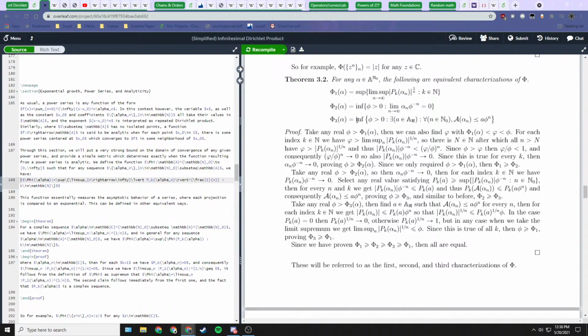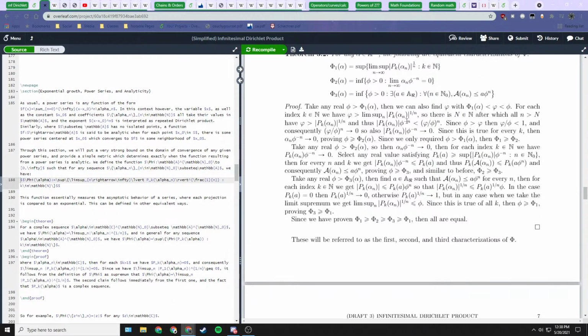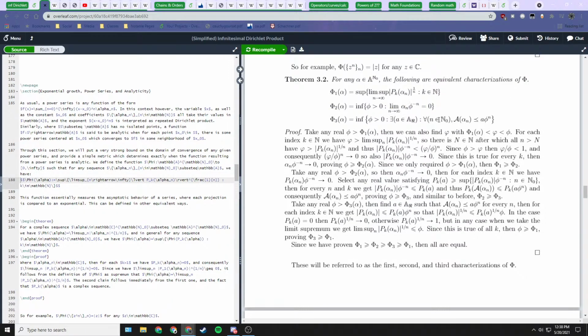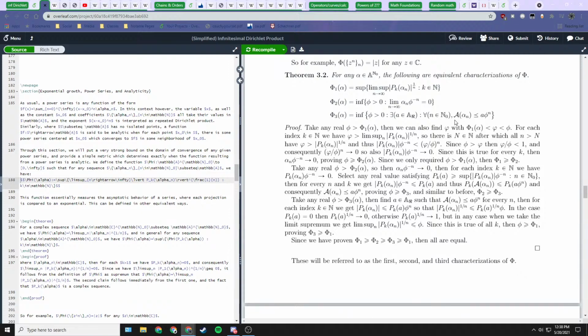The third characterization is saying, instead of having these limit to 0, let's find some coefficient a, which is all real components, such that for every index, for every point in the series of this alpha sub n series, the absolute value of this alpha sub n is bounded by just a times this phi power n.